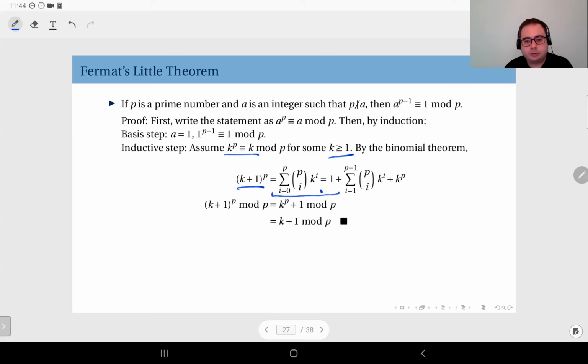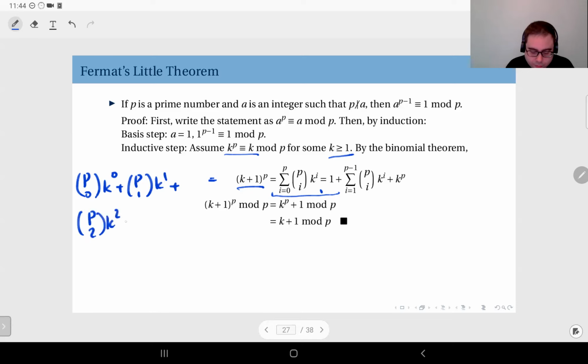The sum from i equals 0 up to p of p choose i times k to the power i. So you can write this as p choose 0 k to the power 0, plus p choose 1 k to the 1, plus p choose 2 k to the 2, plus p choose 3 k to the 3, plus dot dot dot, up to p choose p minus 1 k to the power p minus 1, plus p choose p k to the p.